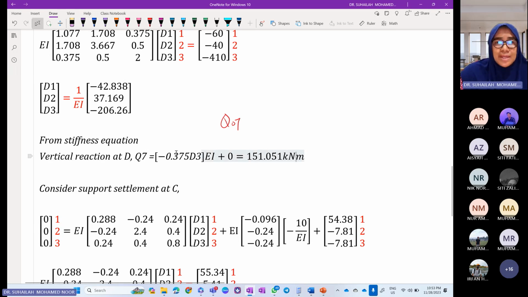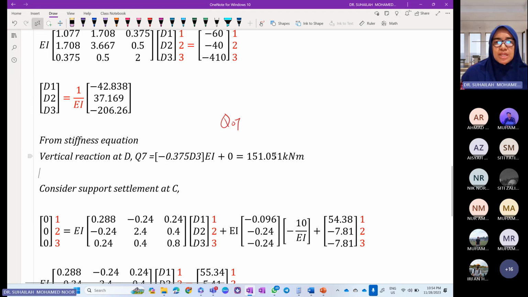Okay, so we get this as negative 0.375 kali dengan negative 206.26. Q7. What is the answer? Negative 0.375 kali dengan D3 and D3 is negative 206.26. Kalikan dengan yang ni. What is the answer?